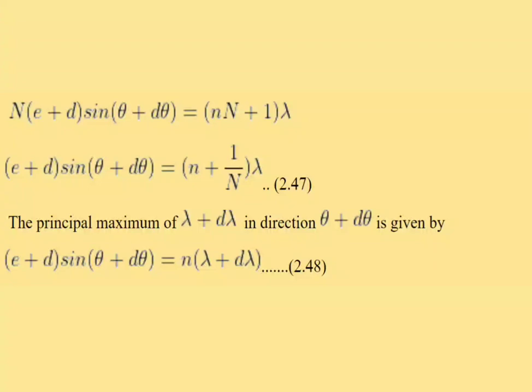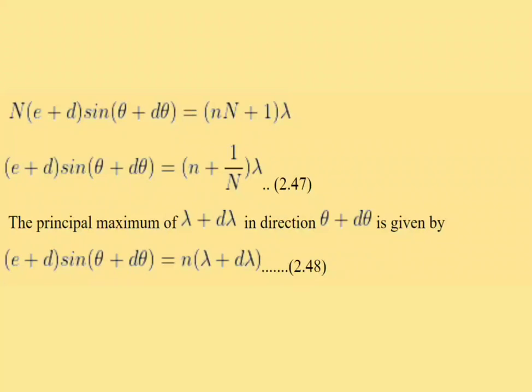As we know, the principal maxima equation with wavelength lambda and angle theta is e plus d sin theta equals n lambda. In the same formula, in place of lambda take lambda plus d lambda, and in place of theta take theta plus d theta.